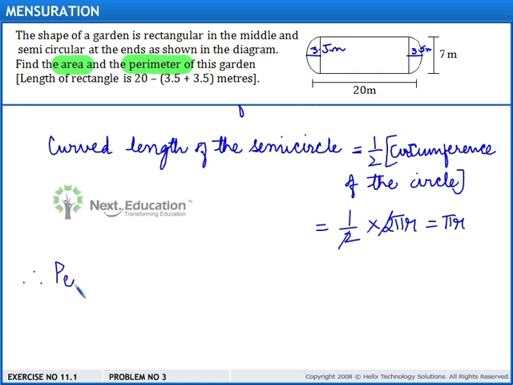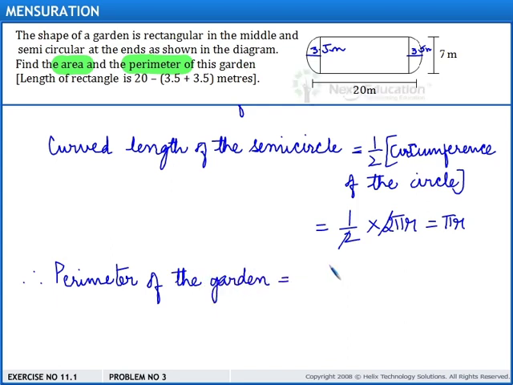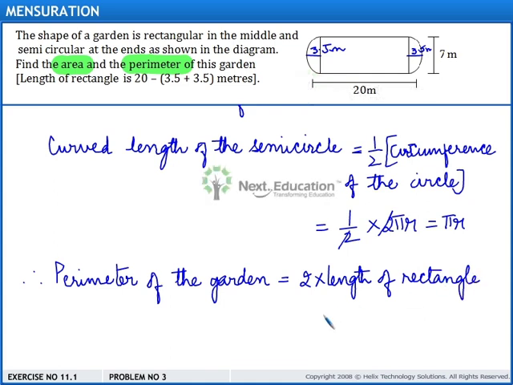Therefore, perimeter of the garden is equal to two times the length of the rectangle plus 2 times the curved length of the semicircle, that is 2 multiplied by pi r.